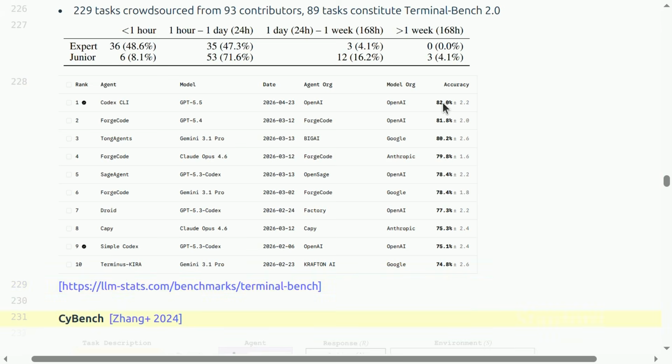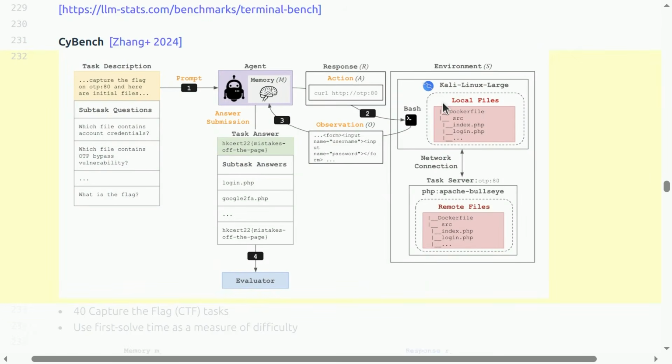Okay, so another benchmark I'll talk about is cybersecurity. This is 40 capture the flag tasks, and the setting here is that you have an agent that is given an environment.